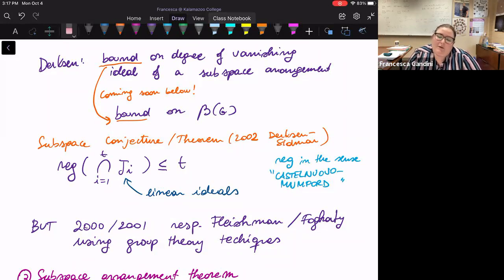But what I thought about is that through the tools of representation theory, maybe we can use the subspace arrangement approach to get results for regularity. So first to get results for regularity in the exterior algebra, and then to get bounds on skew invariant polynomials, which is what I'm going to talk about next.